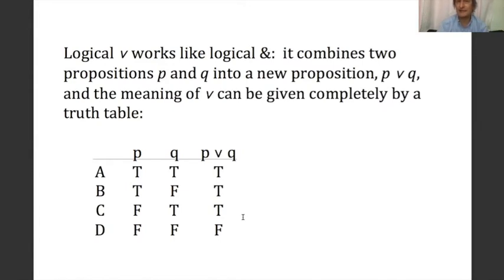It might be the wrong interpretation for the English word "or," but it is the way that the logic works. Okay. Second, if P is true and Q is false, then P or Q is true. If P is false and Q is true, P or Q is true. And if they're both false, then P or Q is false.